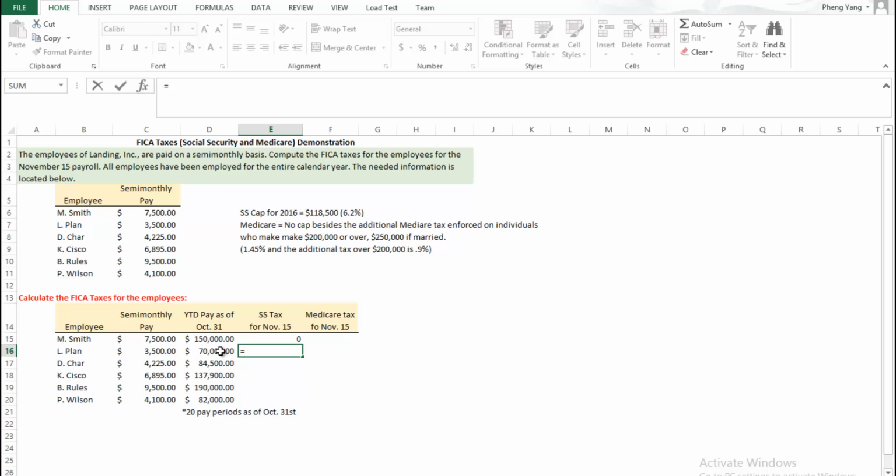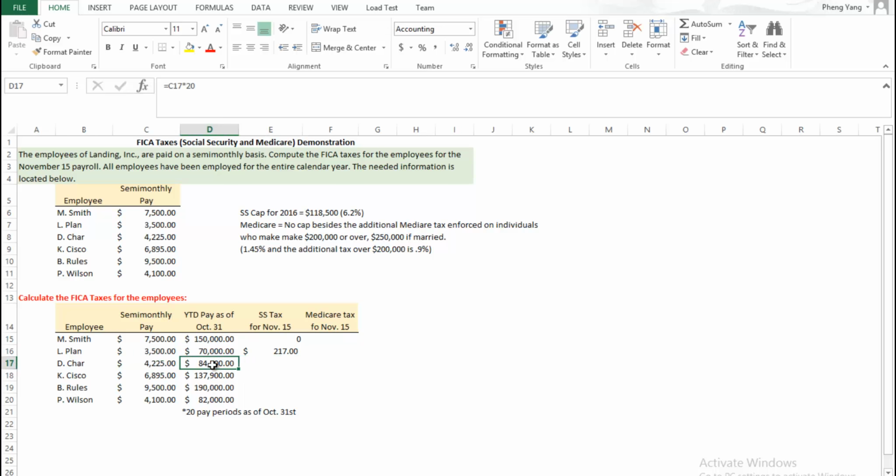For Plan, obviously, he's still under the cap, so the entire $3,500 is taxable under Social Security. So I'm going to go ahead and calculate that for him for a total of $217 for Social Security because he makes $3,500 semi-monthly.